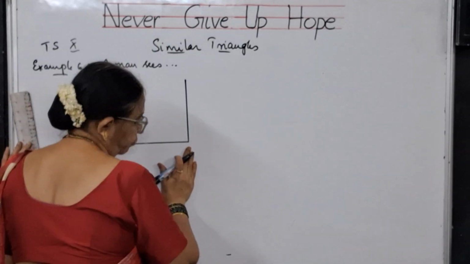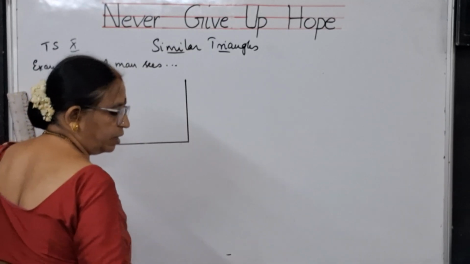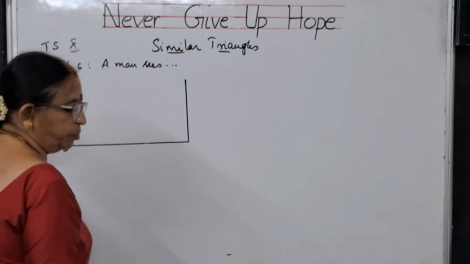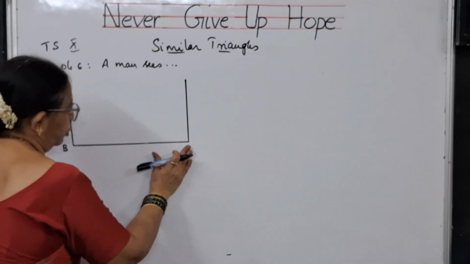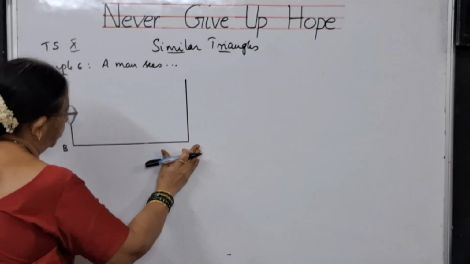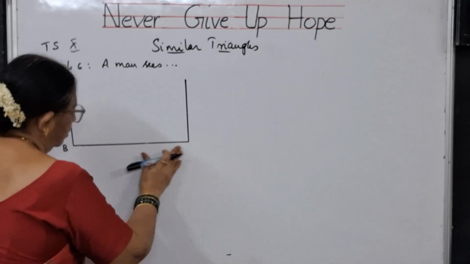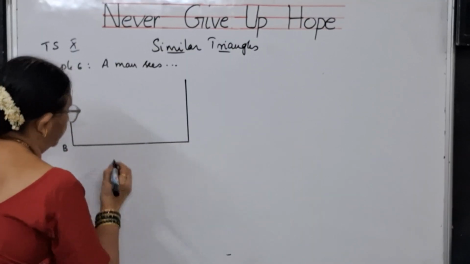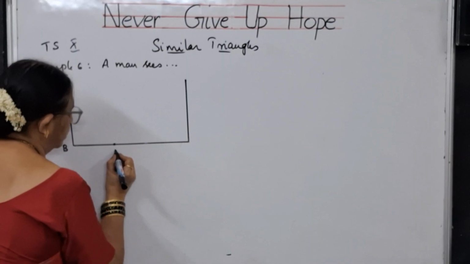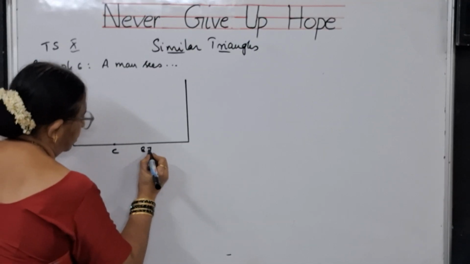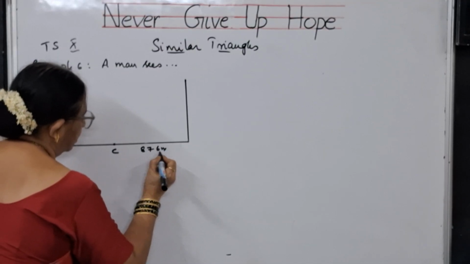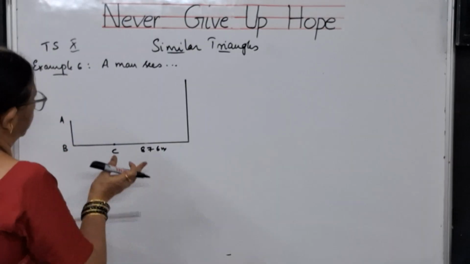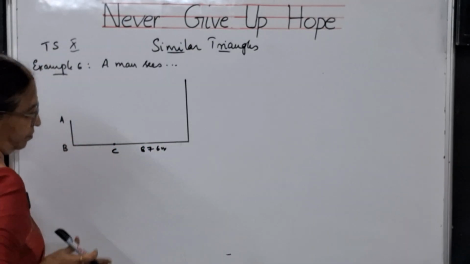At a distance of 87.6 meters from the tower, let us consider this as C, 87.6 meters. Here there is a mirror. The mirror is facing upwards like this.